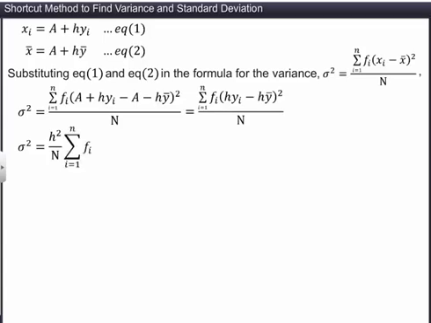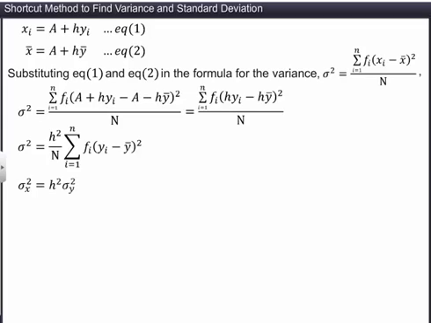We notice here that the variance that we have deduced here is in terms of variable yi. Hence, this can also be written as variance in terms of variable xi is equal to h squared multiplied by the variance in terms of variable yi. Sigma x squared is equal to h squared multiplied by sigma y squared.